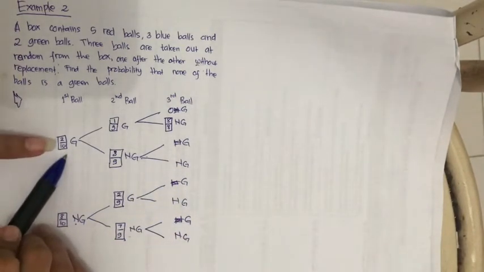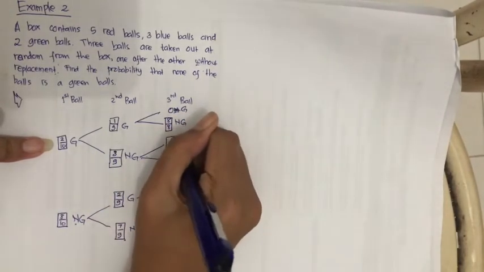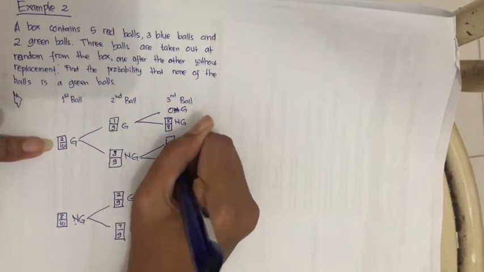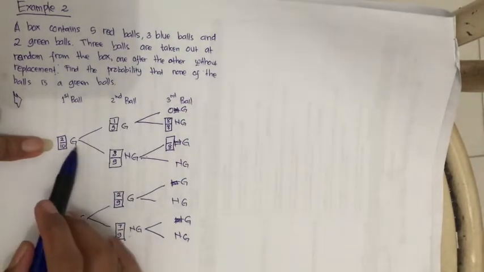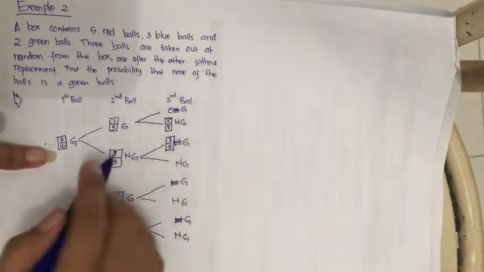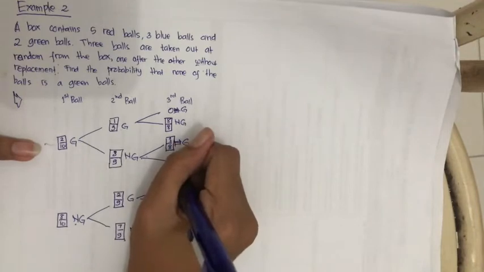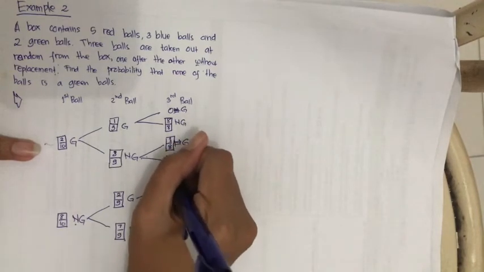If the first is green and the second non-green, we have over 8, and for green we have 1 more, because we got a non-green ball in the second experiment.